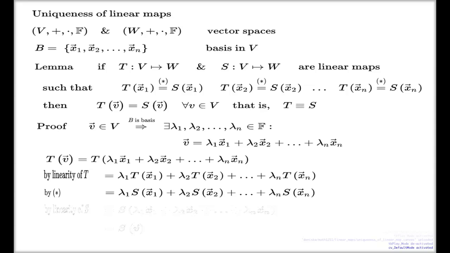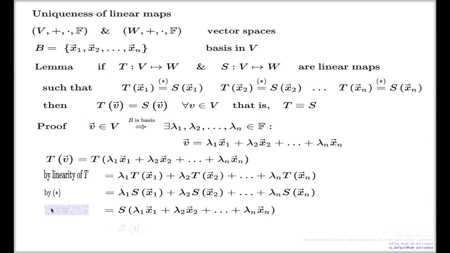And now if I use the linearity again in the opposite direction, a linear combination of the values of the linear transformation is the one single value of my linear transformation on the combination of vectors, lambda 1 x1, lambda 2 x2, lambda n xn.